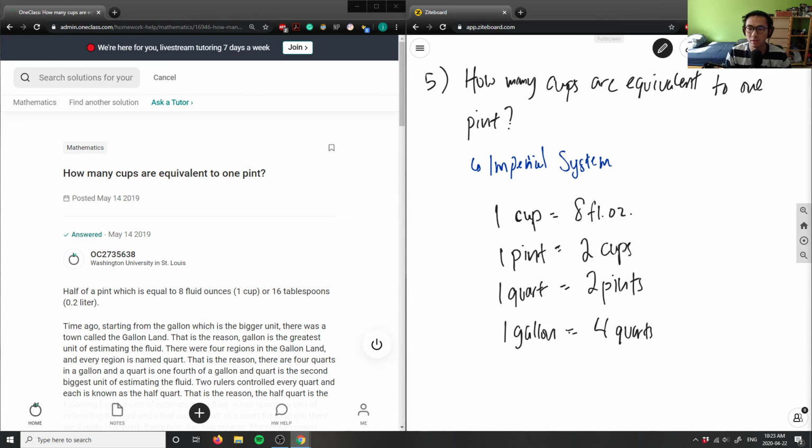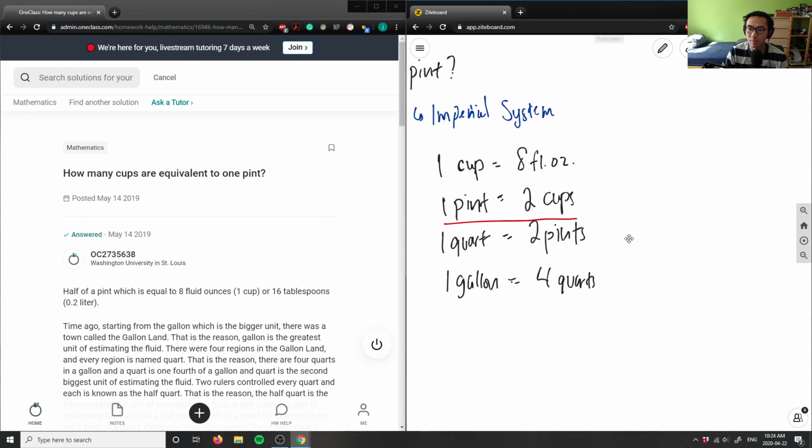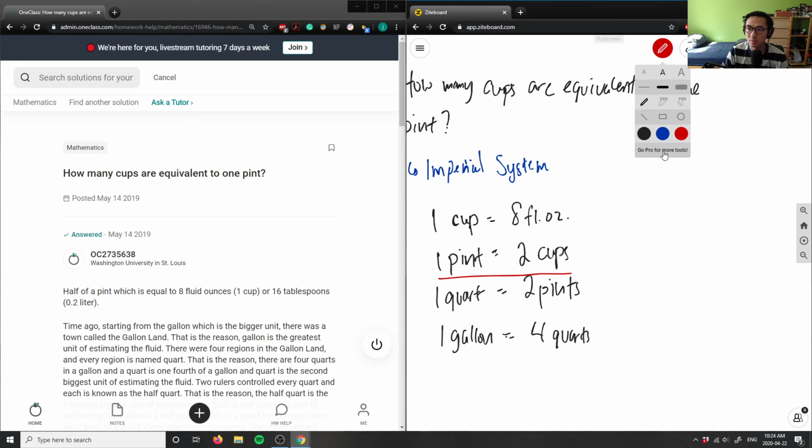What do we care about here? We care about how many cups are equivalent to 1 pint. So we care about this one here: 1 pint equals 2 cups.